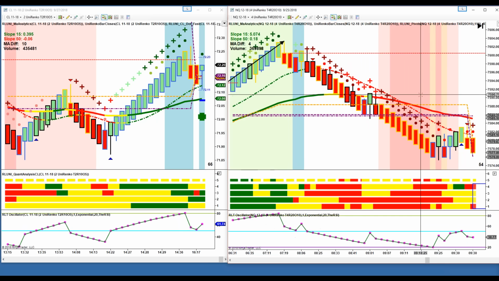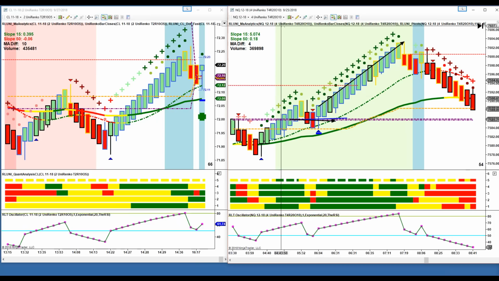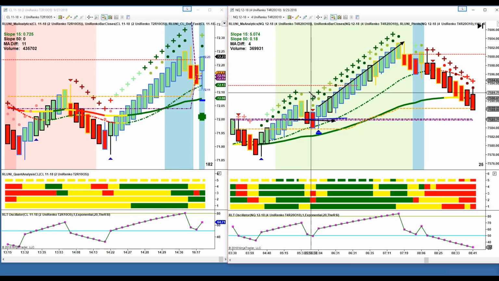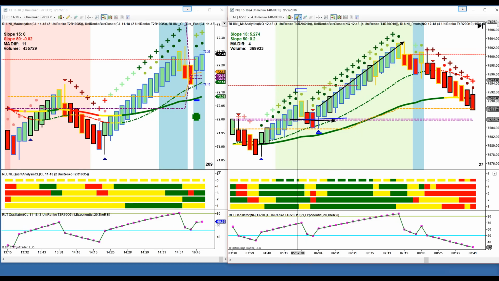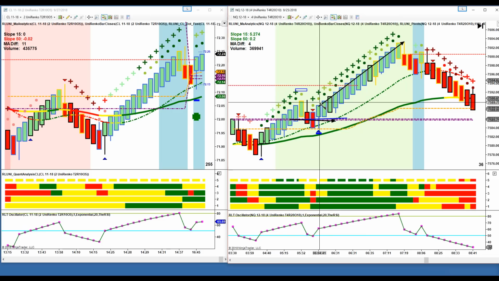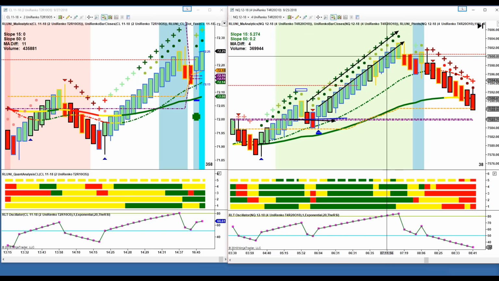So why don't I talk about the dots first? What are the dots? These dots, I think they're kind of clever. What they are is they're tracking the direction on a very fast dual moving average. This is the fast line, and this is the slow line. And what are they looking at?